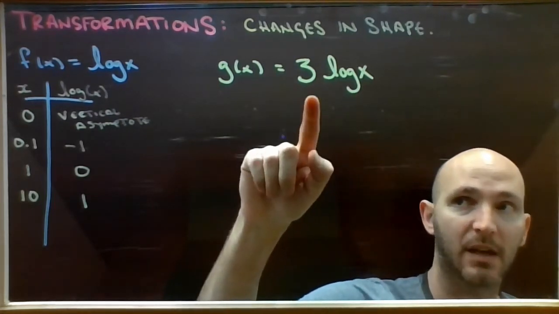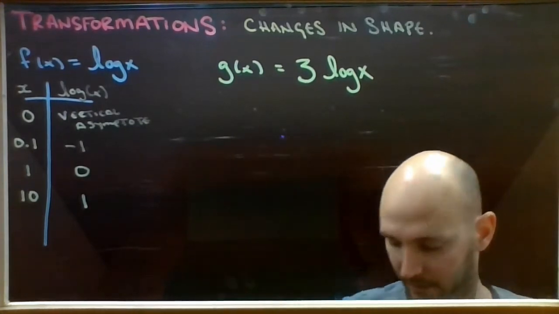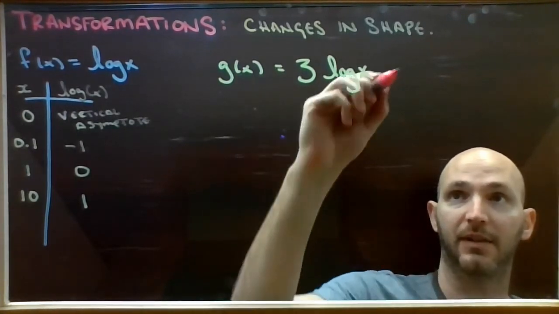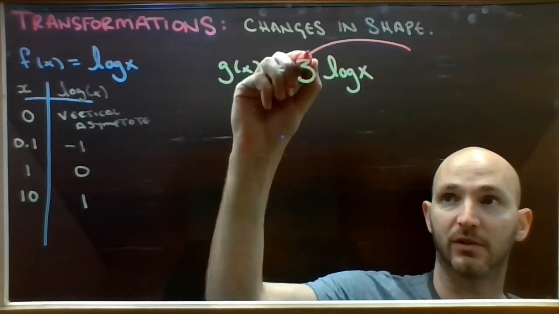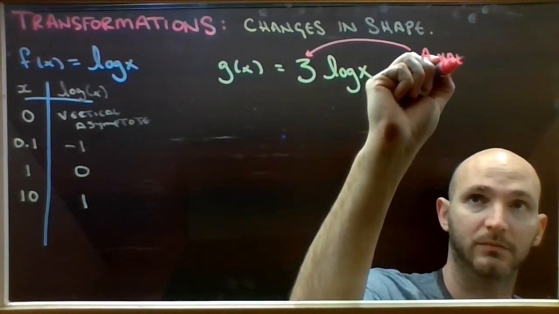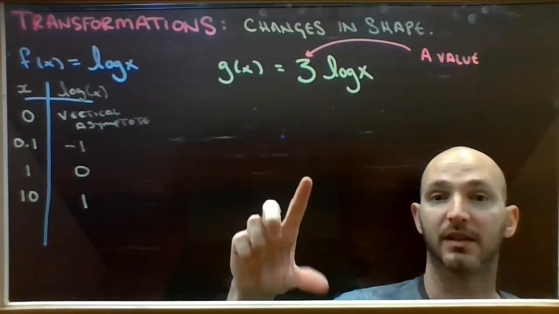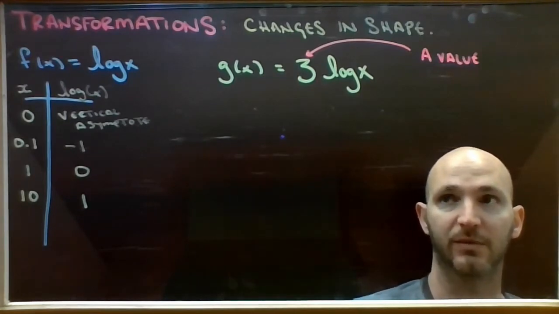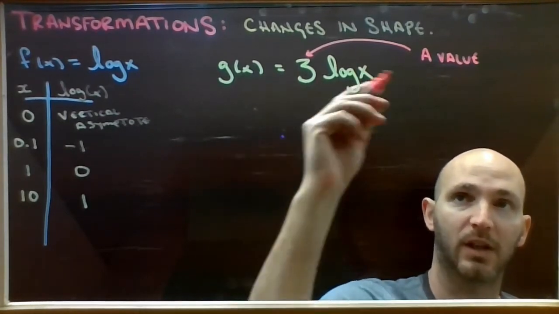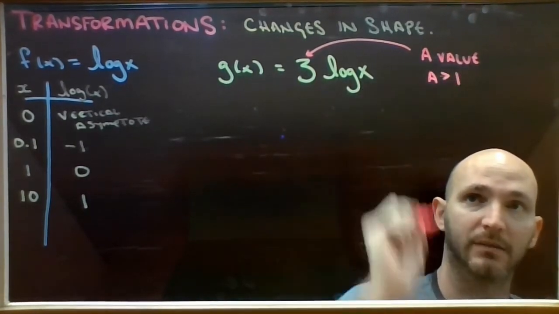So when you see a number out here that is a whole number, or a number greater than 1, let me note that down. This is your a value, right? The a value out there in front is what determines the vertical stretch or compression. This particular one has an a value that is greater than 1.